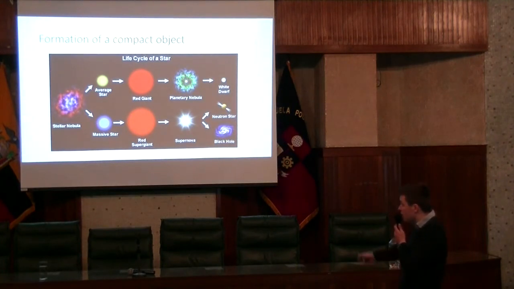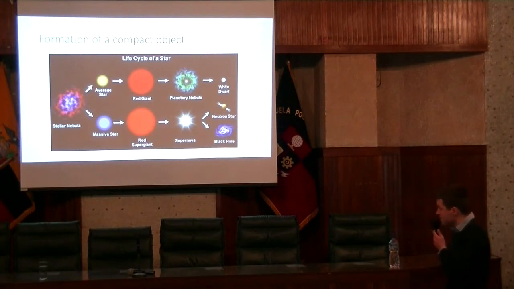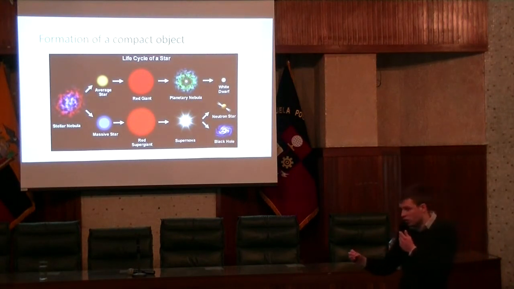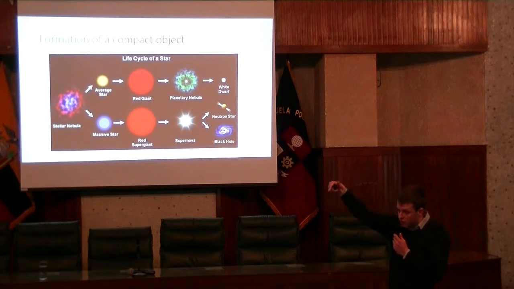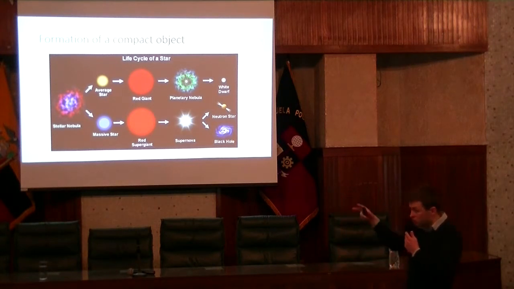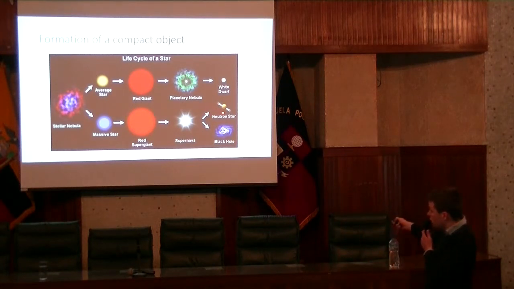And then finally, in the case of a massive star here, the fusion in the center of the star stops, so there is no force pushing the matter outwards. There is only the gravitational force inwards, so the star collapses to form either a neutron star or a black hole.